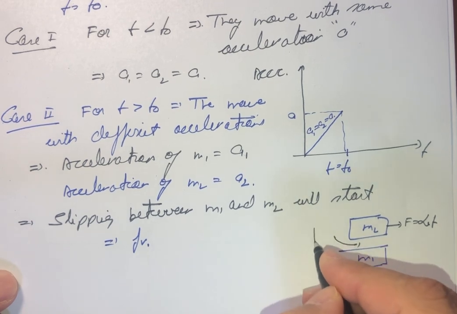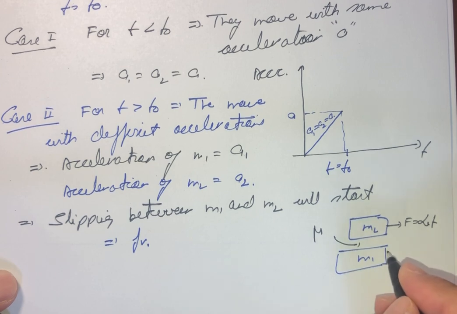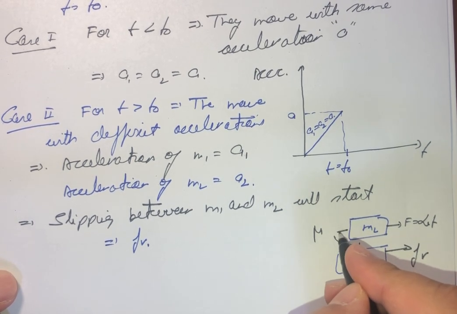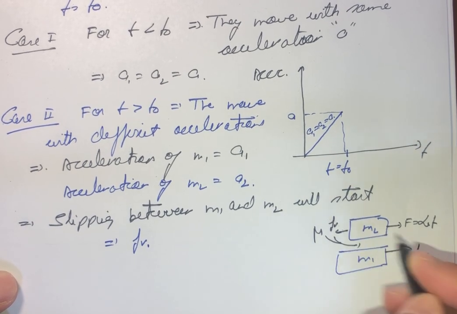We have a coefficient of friction mu here. So force F will try to make sure that m1 travels along with it with the friction force Fr, and respectively there will be an opposite force Fr also acting on m2.